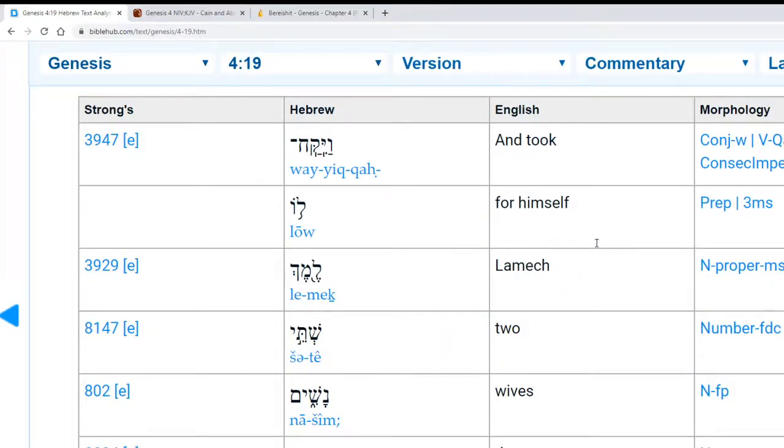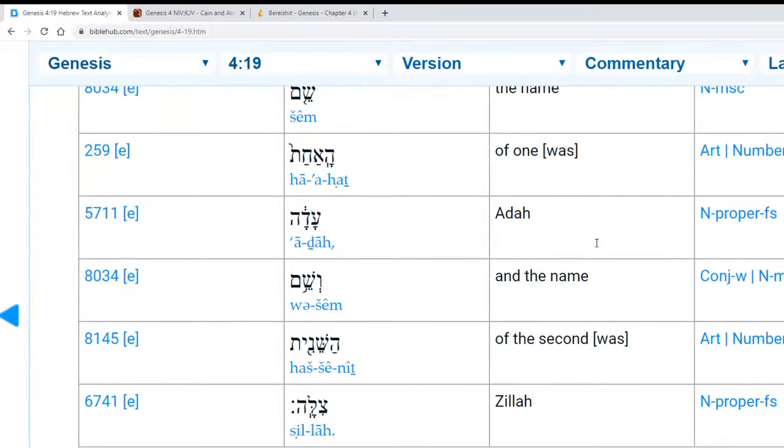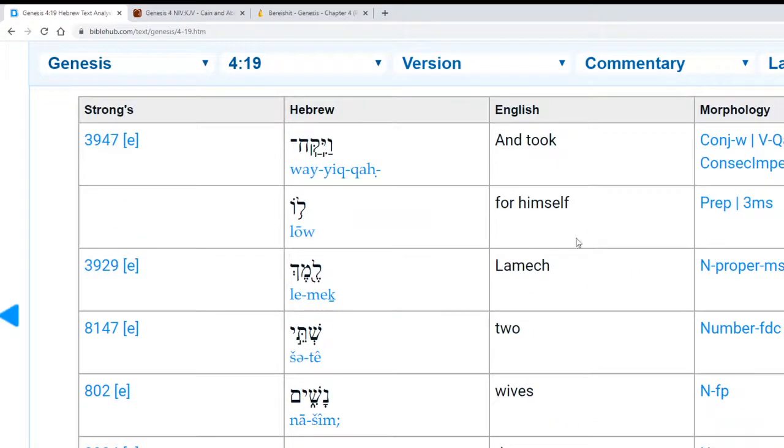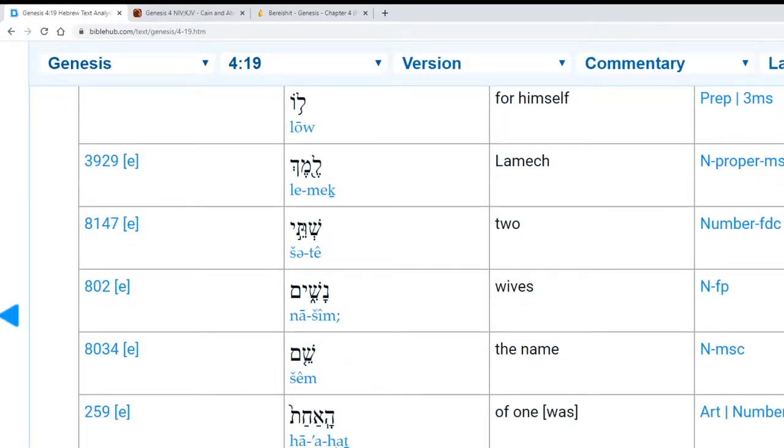Vayikach lo lemech shtei nashim, shem ha'achat Ada, v'shem hashenit Tzila. Okay. Conjunctive vav, yakach, so it's in the imperfect, to take, right? Lo, to himself, right? So it's the prepositional lamed, the vav says to him. Lemech, right? Same name, but because it's in a different place. Lemech took to him two. Shtei, right?